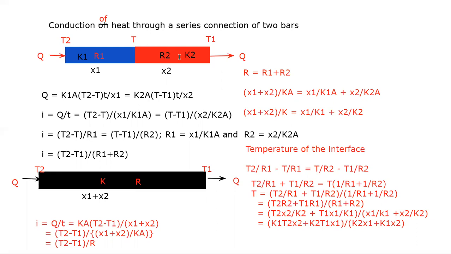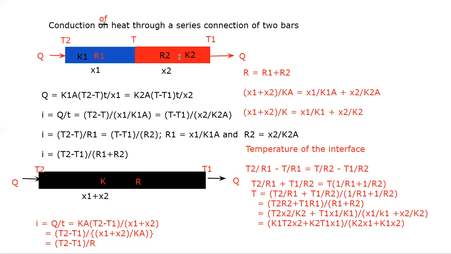Now the thermal current I is equal to Q by t, and from that we can easily find out that it is equal to (T2 minus T) divided by x1 by K1A. I have taken the K1A on the denominator side. Similarly, for the next equation also, (T minus T1) divided by x2 by K2A.